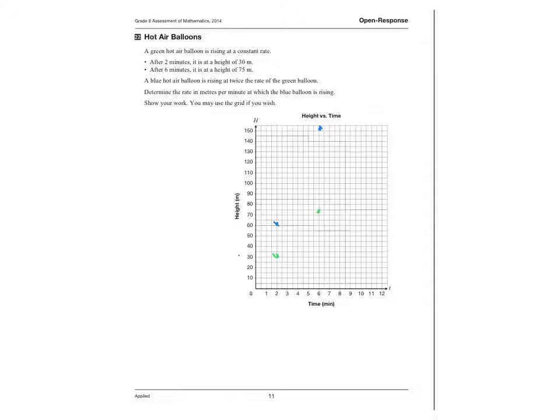And then I can draw my triangle for the blue dots, because I don't need the green anymore. And I can calculate my rise over run. From 6 to 2 is 4.